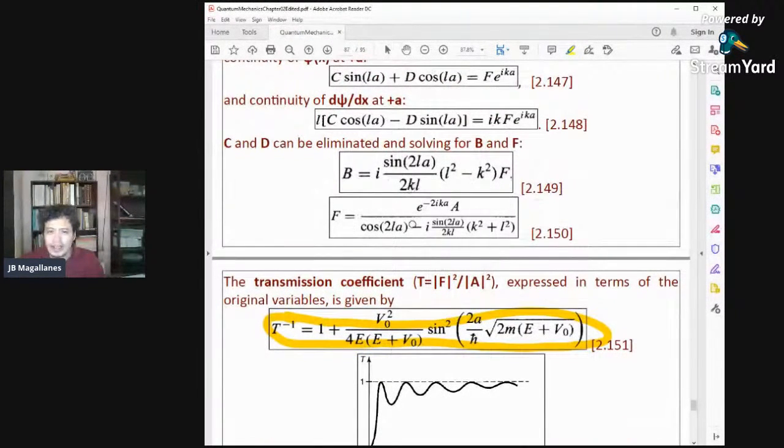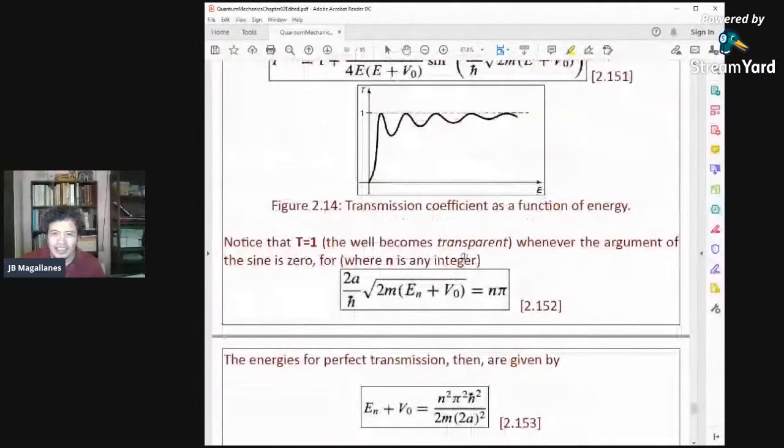No, this is B over A, sorry. So the transmission coefficient will just be B over A here.